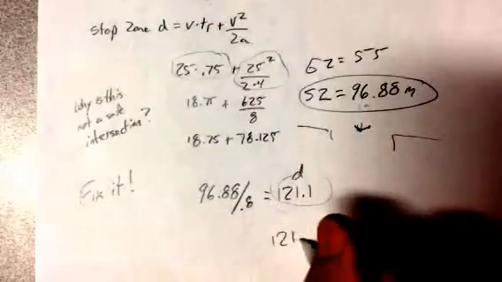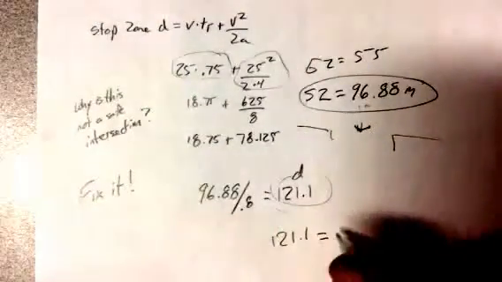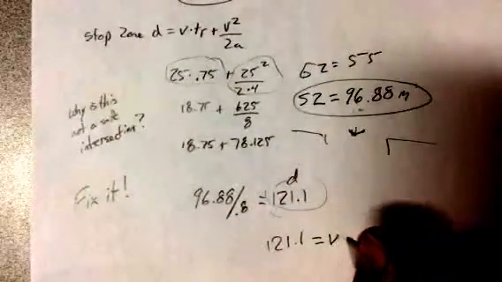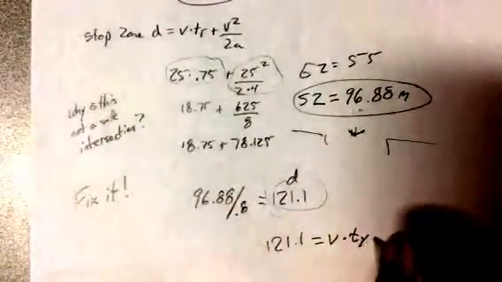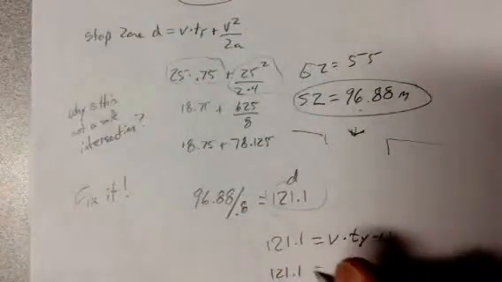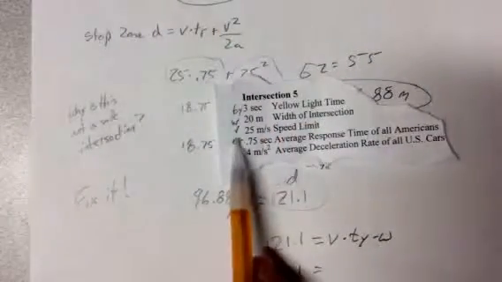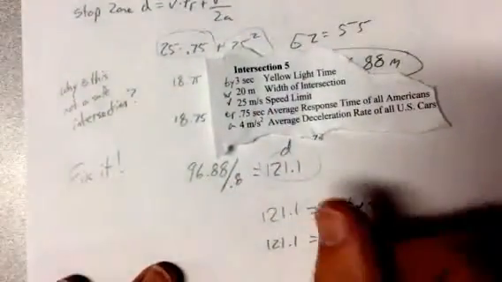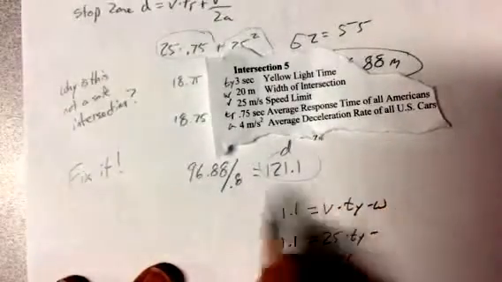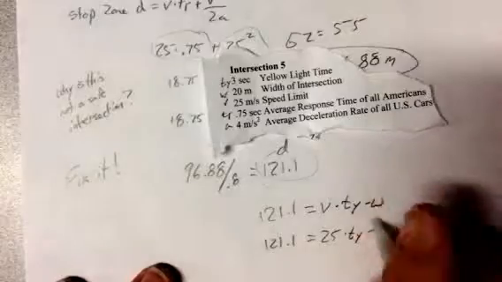So I do 121.1, I'm using the go zone formula, equals v times t of y minus w. So it'll be 121.1 equals our velocity. I'm going to pull this down so we have it. Our velocity is still 25. Our yellow light time we're going to leave blank because that's what we're fixing. Our width of our intersection is still 20.